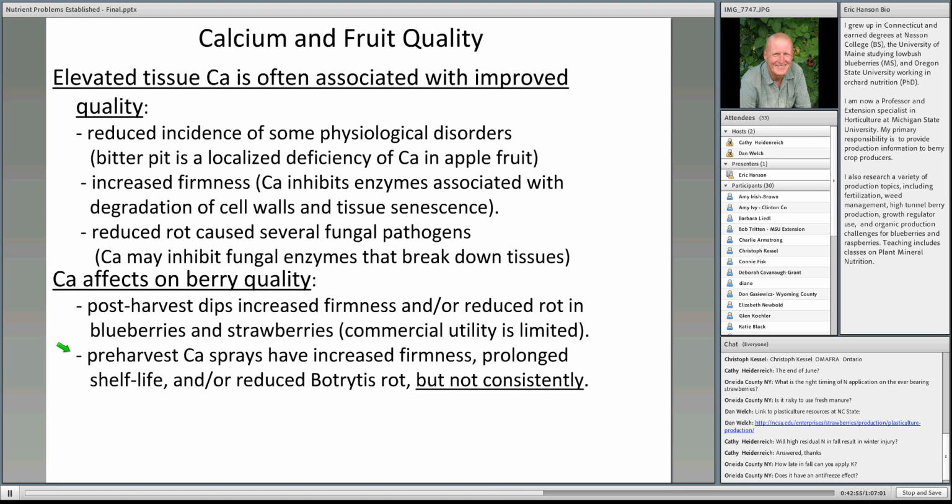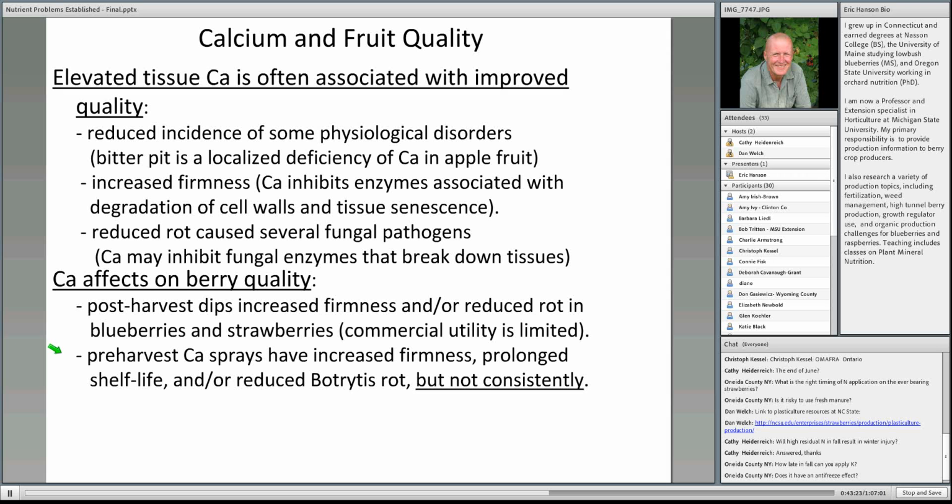There have been a number of studies in different parts of the world on these three groups of berries, blueberries, strawberries and brambles. Calcium sprays have sometimes increased firmness and prolonged the shelf life of berries and/or reduced botrytis rot. But I think the most consistent thing about these studies is the inconsistency.